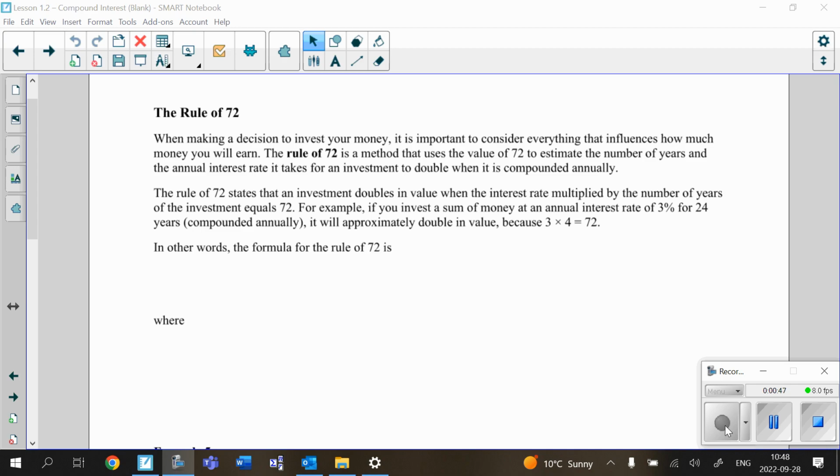There is one rule that we use with compound interest. It's an interesting rule. It just works mathematically.